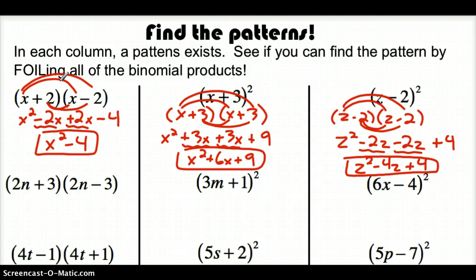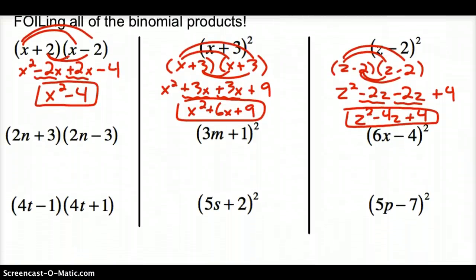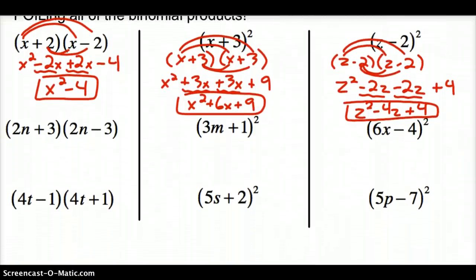Okay, well, not seeing anything major yet. Obviously, we're kind of comparing some different ones here, but let's maybe scroll down and give a few more a shot. Okay. In this next one, I'm going to FOIL this. First times first, give me a 4n squared. Okay. Remember, we multiply the coefficients first, then the n's after that. The outsides in this case, I have 2n times negative 3.